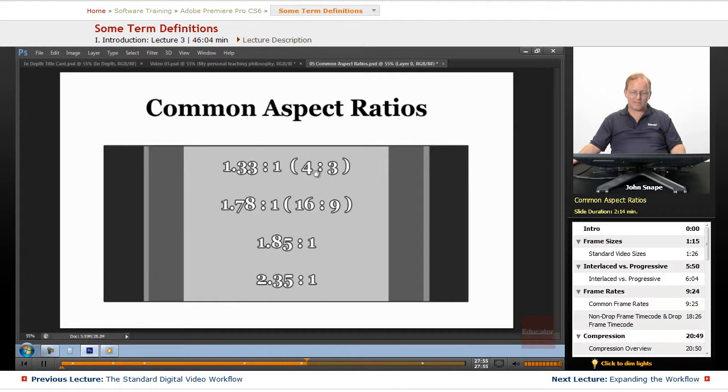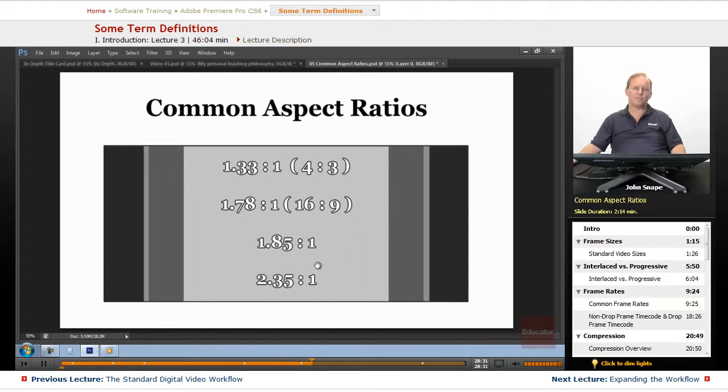And that is standard definition. It's 4:3. It's the old TV size. The new television sizes are this dark gray box here, which is 16 across by 9 down. So if this is 16 inches from here to here, it would be 9 from top to bottom. And that is the default high definition aspect ratio, 16:9.